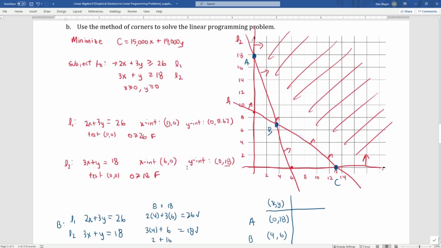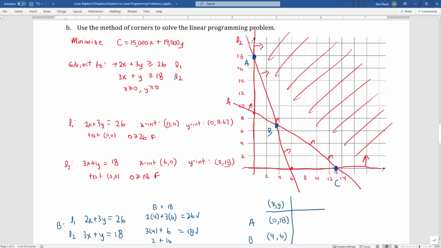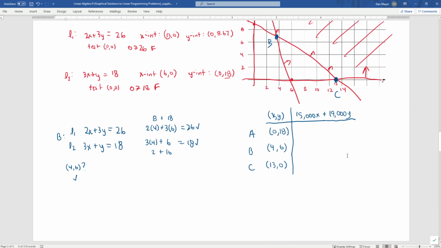We're ready to move on to phase 3, where we evaluate our objective function. In this case, it's 15,000x plus 19,000y. I genuinely was not expecting that guess to work out. Okay.